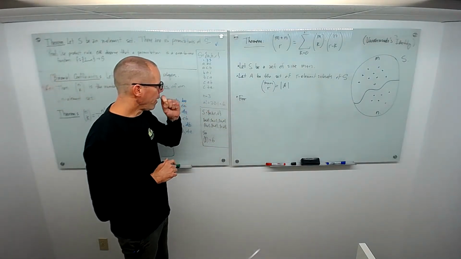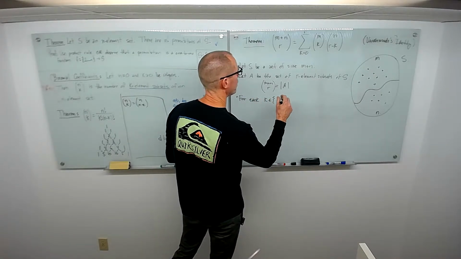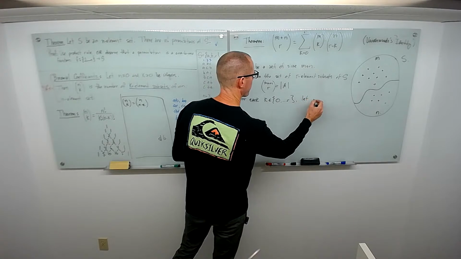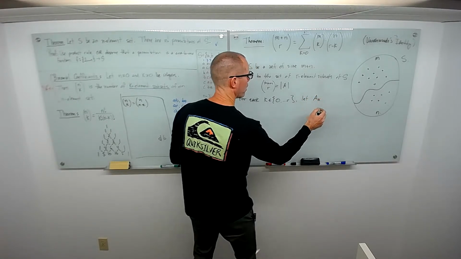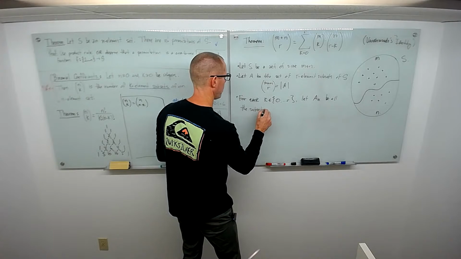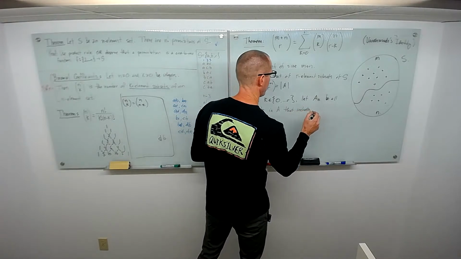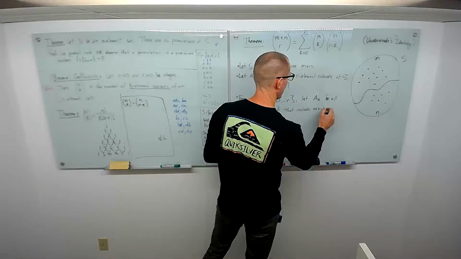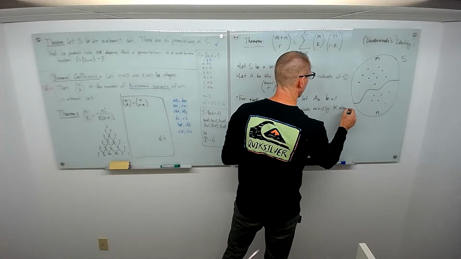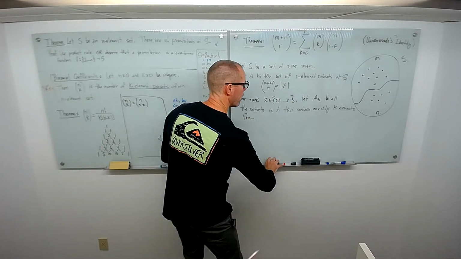We're going to say for each k in 0 up to R, we're going to let AK be all the subsets in A that include exactly K elements from these guys here.